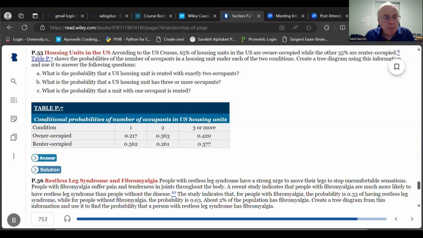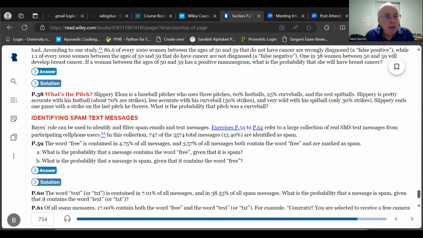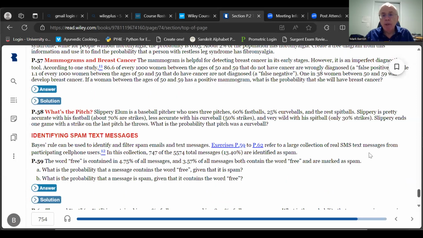This is another example, and this is similar to the mammogram example that they showed in the book, in the PowerPoint slides. It says the mammogram is helpful for detecting breast cancer in its early stages. However, it's an imperfect diagnostic tool. According to one study, 86.6 of every 1,000 women between the ages of 50 and 59 that do not have cancer are wrongly diagnosed.